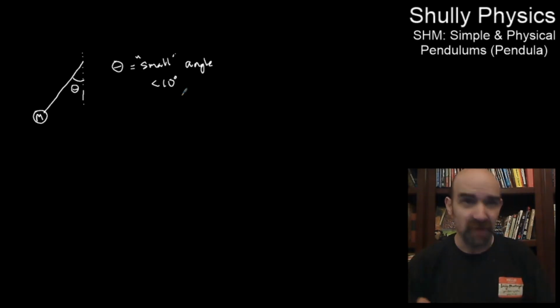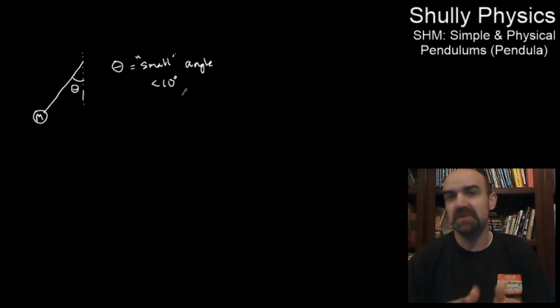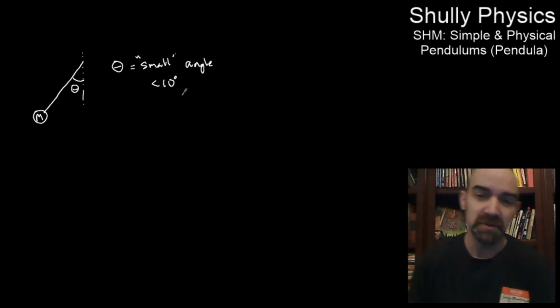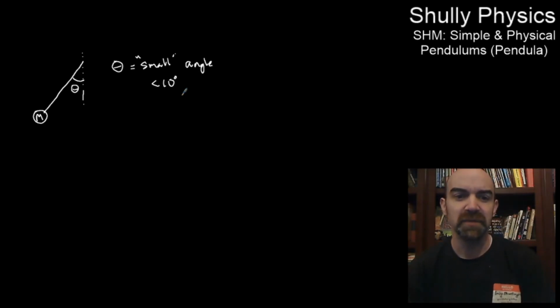Because there's less drag when they're not moving as fast, pendula tend to swing for a much longer period of time at those small angles. And that's usually how pendulums are used and work. They're very helpful for keeping time and other things like that. They have been used like that for centuries.